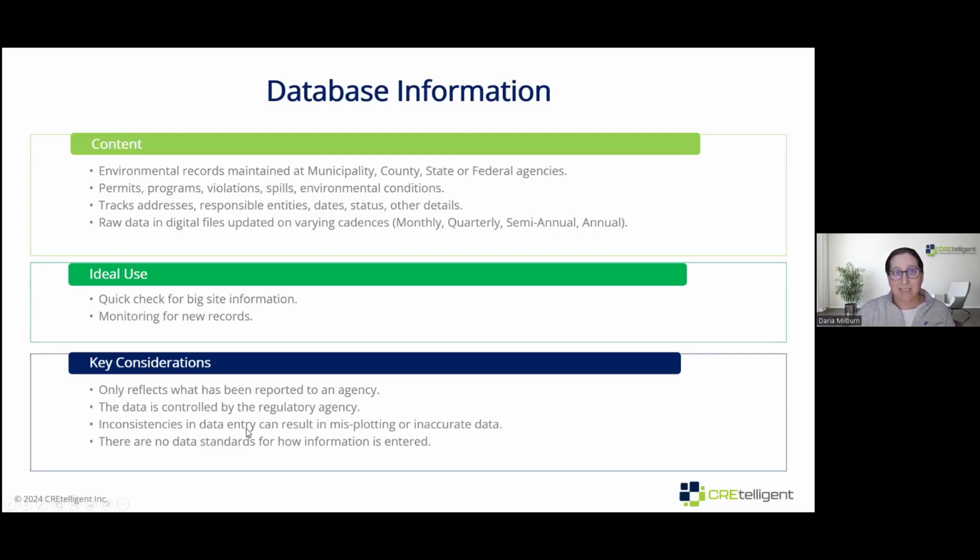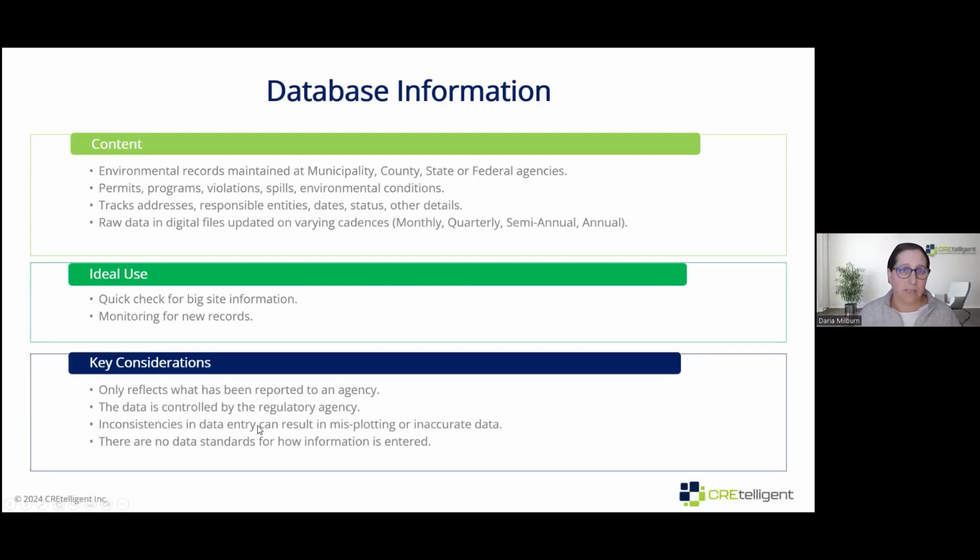So inconsistencies in data entry can result in misplotting or inaccurate data. A lat long, it doesn't take much for lat long to be off. Those are very precise numbers, but while it may seem like it's not a big deal to be off by 0.01, that's enough to throw a point off in a map completely.